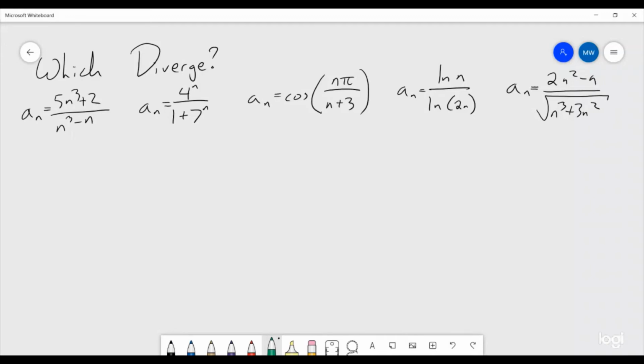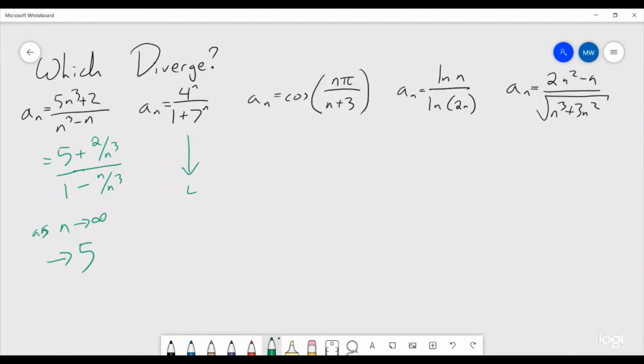Well, this first one that we have is going to be equal to 5 plus 2 over n cubed over 1 minus n over n cubed, which as n goes to infinity is going to go to 5. So that one converges. This next one is going to do a similar thing.